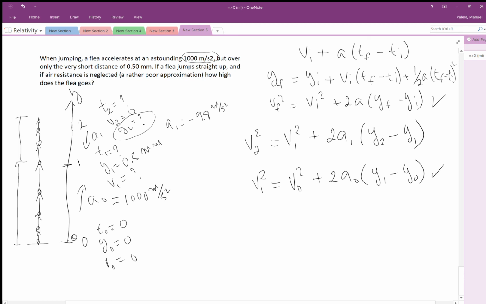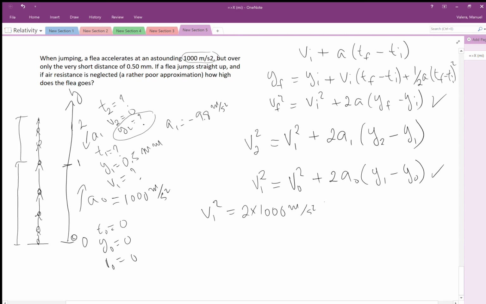I can start with this one here. So v1 squared is equal to, well, this is 0, so it's 2 times a0. And a0 is 1,000 meters per second squared.